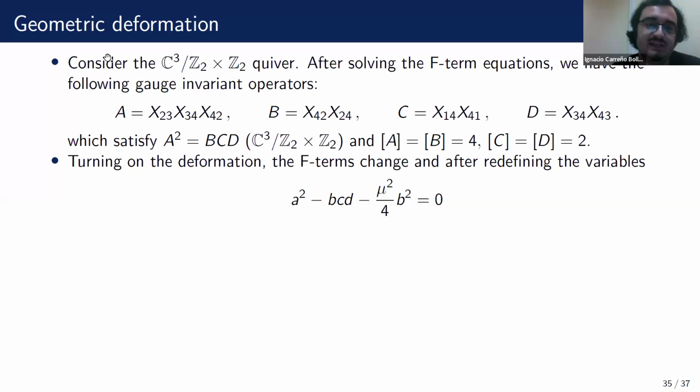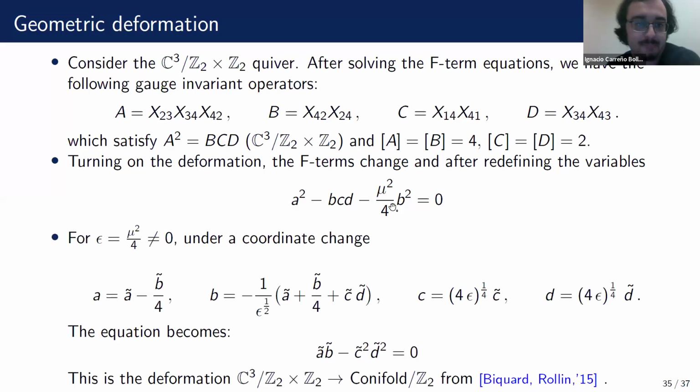So these mesons get some mu corrections. And additionally, the deformation contributes this part. After some redefinition of the variables, we see that this equation gets mapped to this one.